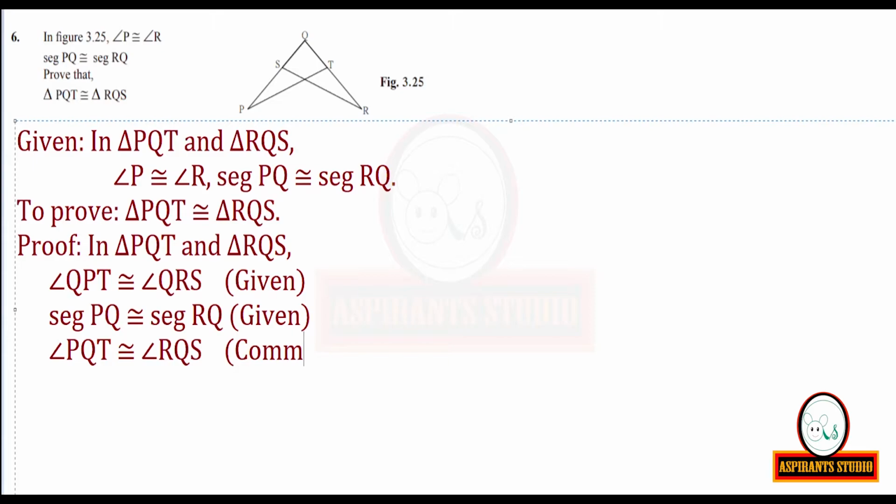Now, if two angles of a triangle and a side included by them are congruent with two corresponding angles and the side included by them of the other triangle, then the triangles are congruent with each other by ASA test. So, triangle PQT is congruent to triangle RQS by ASA test.